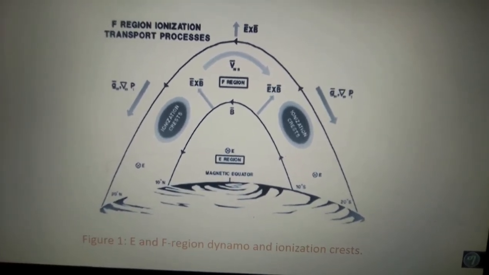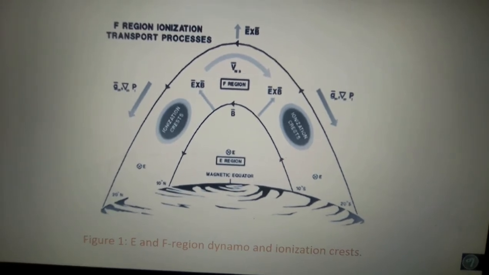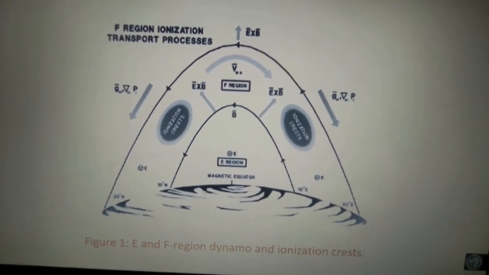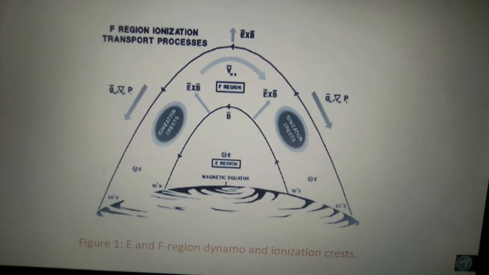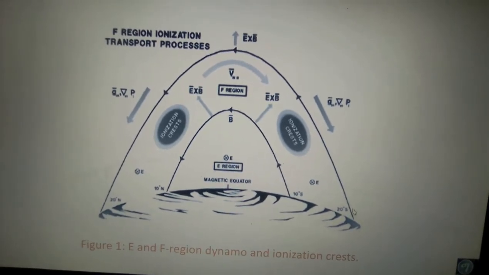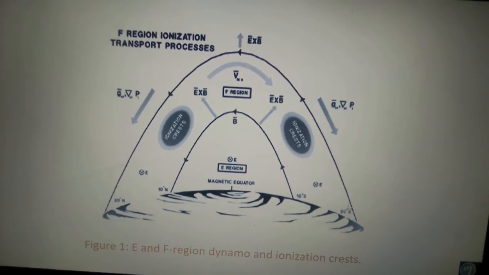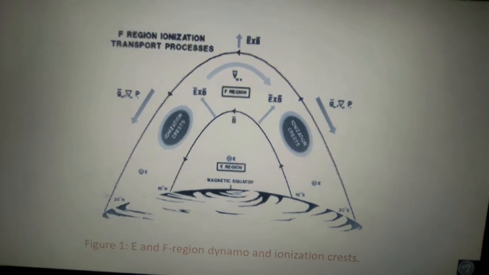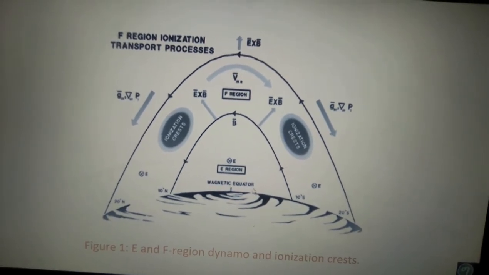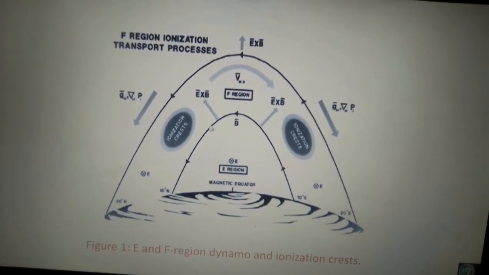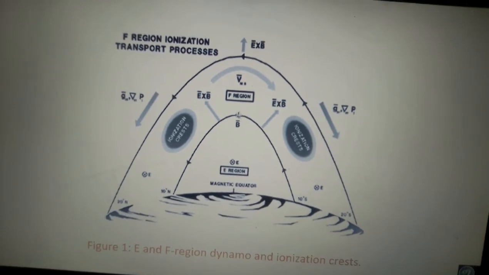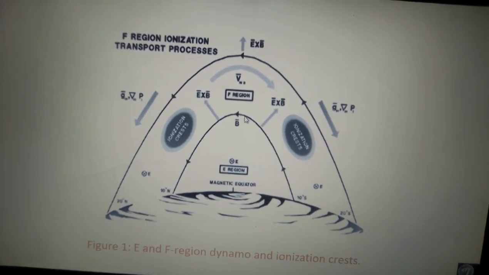We can see the orientation of the geomagnetic field, the south pole over here and the north pole. So the field, as you can see, is oriented in this way, and it is horizontal over the equatorial region.